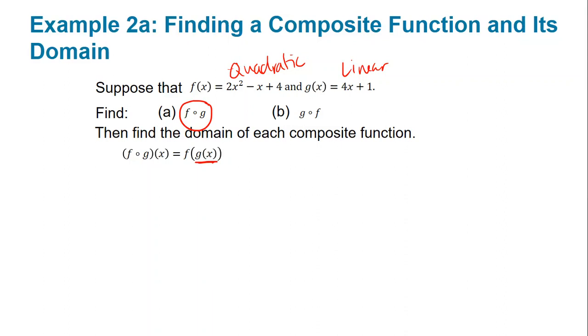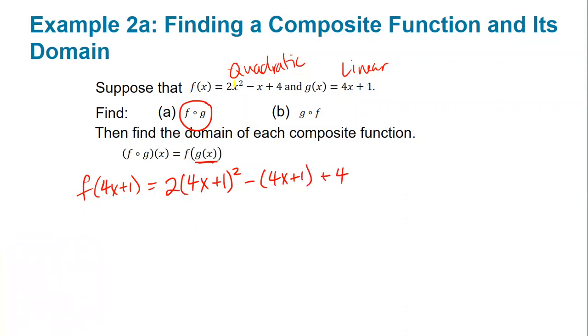What is g of x? G of x is 4x plus 1. So everywhere there's an x in f of x, I'm going to put 4x plus 1. So I have two, parentheses 4x plus 1 squared, minus 4x plus 1, plus 4.